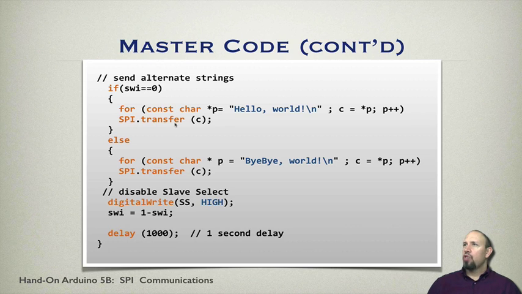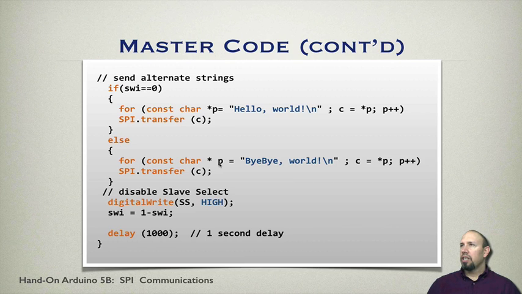So what is this saying? Transfer that character. It's going character by character, doing the transfer. When it gets to the return, the new line, it's going to stop that transfer. When switch is equal to 0, it's going to transmit hello world.